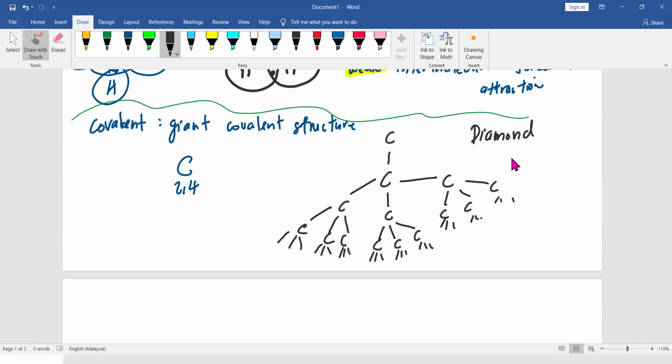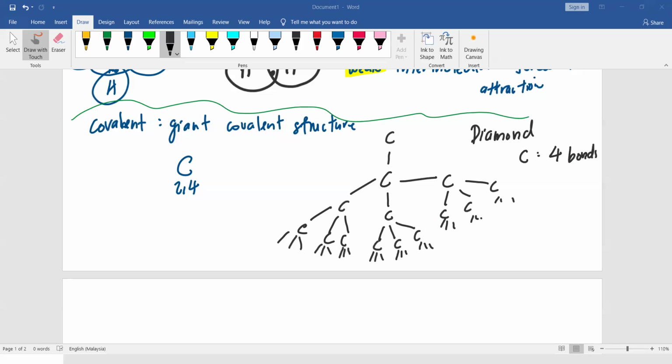Each carbon atom forms 4 bonds with 4 other carbon atoms. So let me show you how it looks like in real life. There.